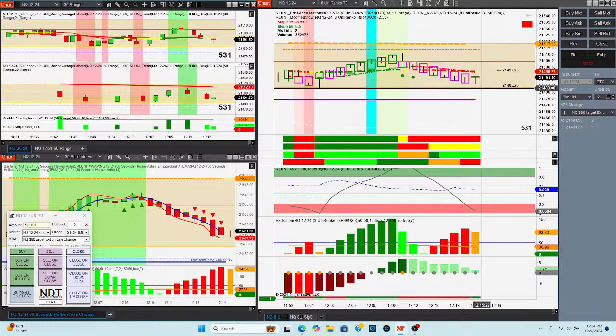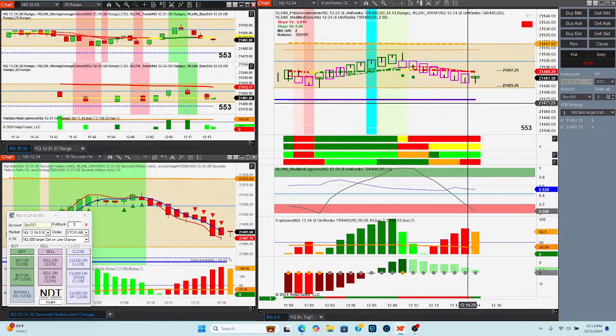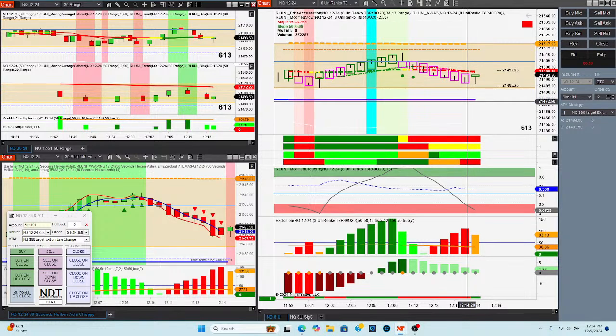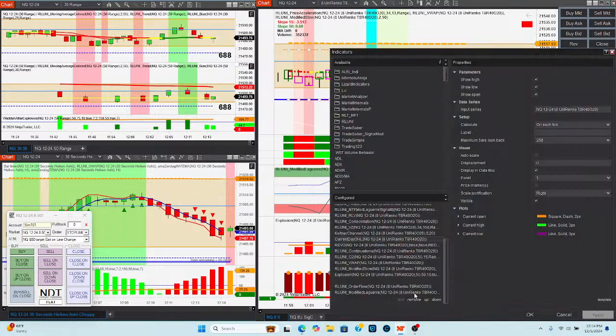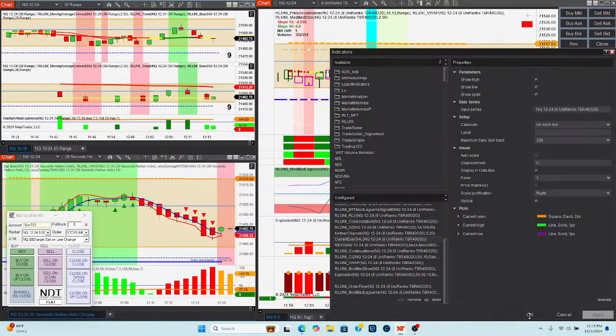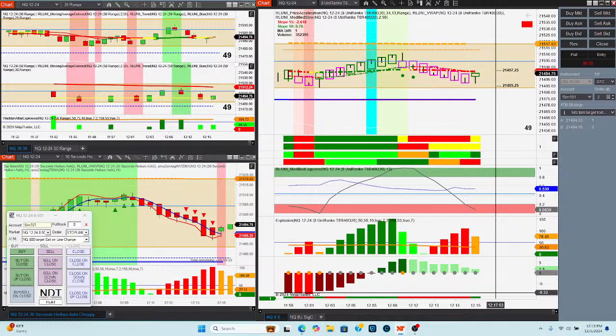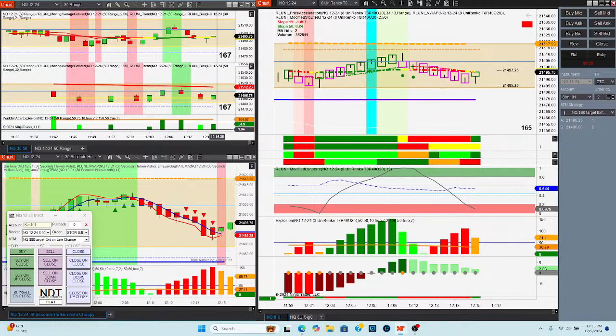Let's not do anything until now we've got a volume zone here, and I think, what is this, low of session maybe? Current low, okay. Just not there yet.